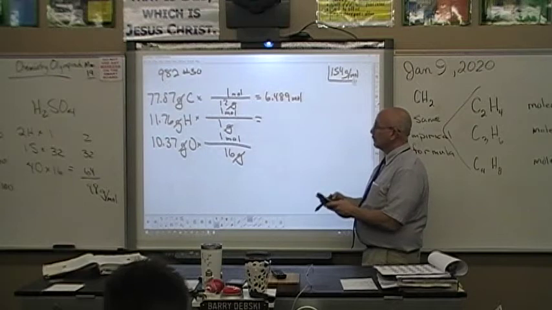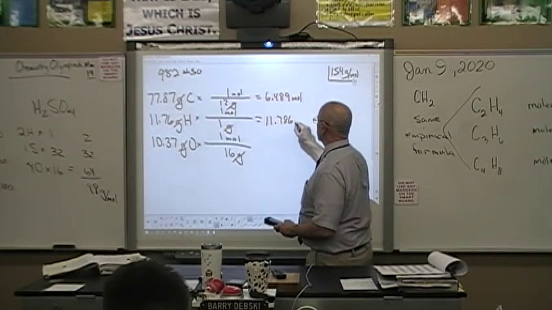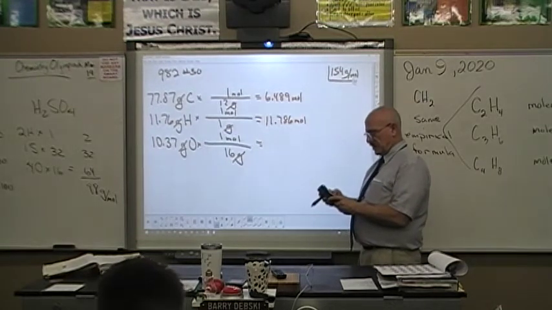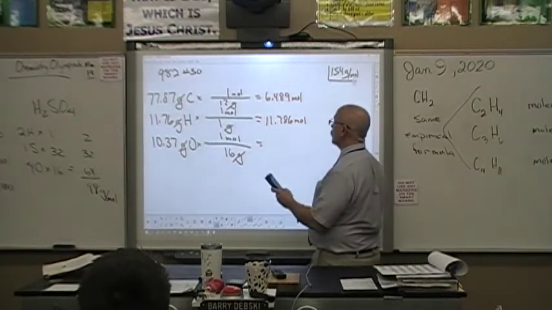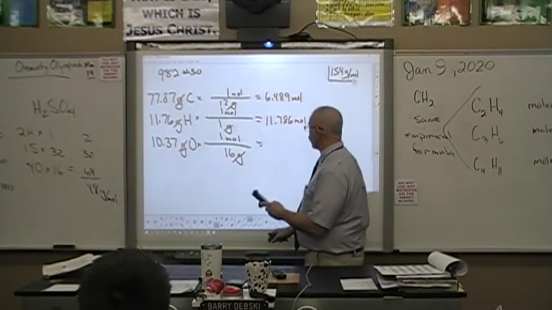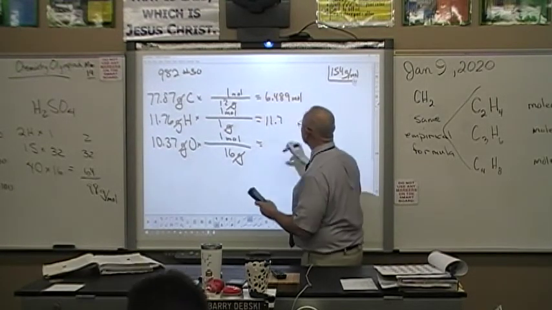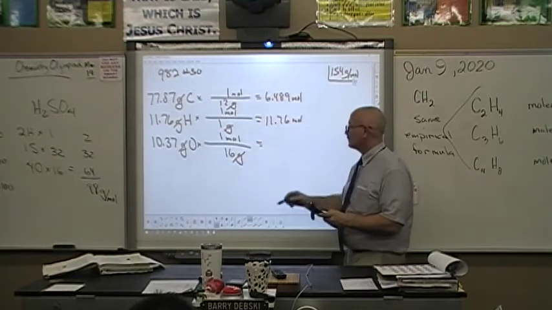11.76 divided by 1 is 11.76. And 10.37 divided by 16. 0.7? You're being picky. Thank you, George.